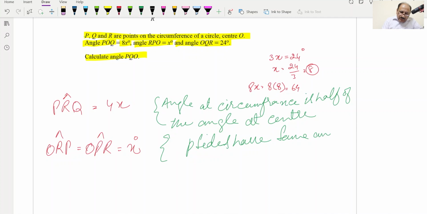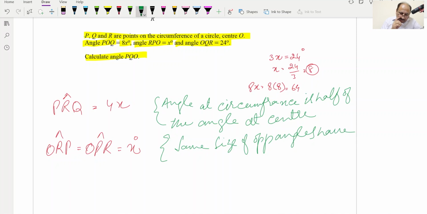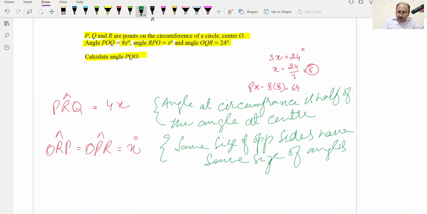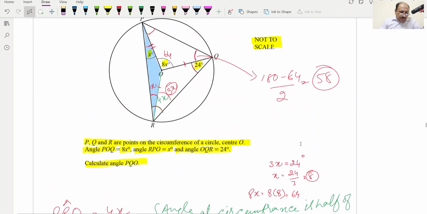Basically, we'll have to write same size of opposite angles have same size of opposite sides have same size of angles. So we can write this reason.